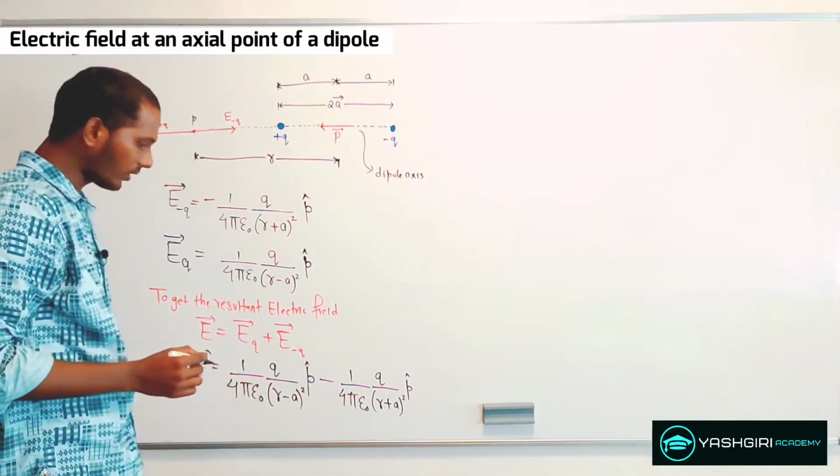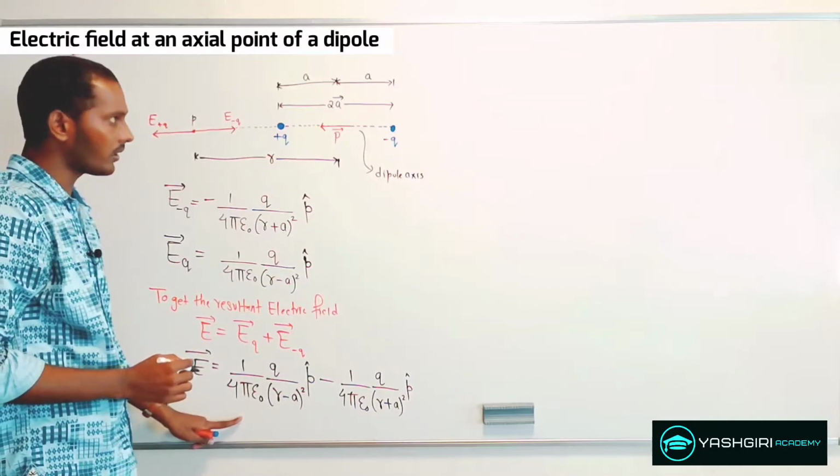So that's the equation I have got, and from here I can take the common terms out.